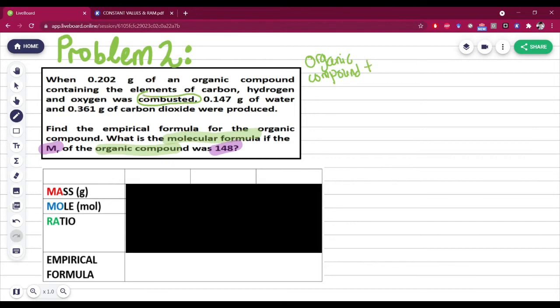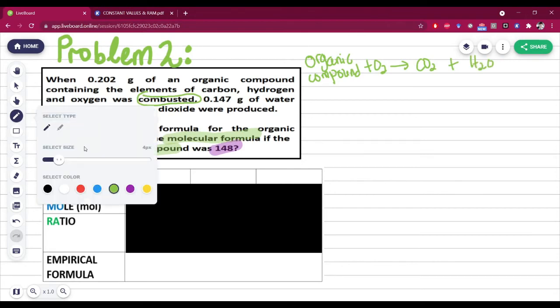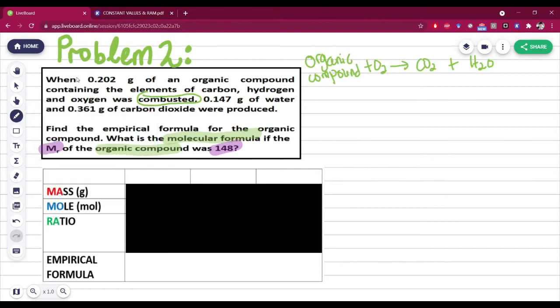So you can add oxygen and you will be making carbon dioxide and H2O. And according to the questions, this is the mass of the organic compound. And we have the mass of water and mass of the carbon dioxide.